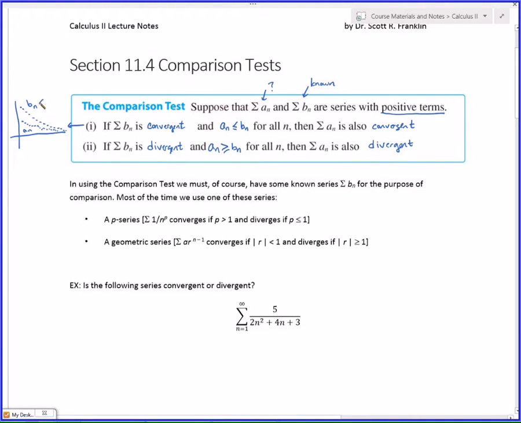If the one on top converges, which means they're getting small enough, fast enough to force the sums, the partial sums, to converge, then any sequence that's underneath it, but still positive, would also have to be a convergent series, right? Because the one on top, the terms go to 0 fast enough that if I were to add them up, the whole thing converges.